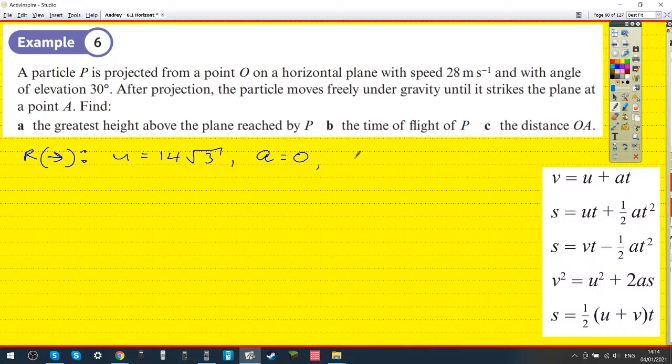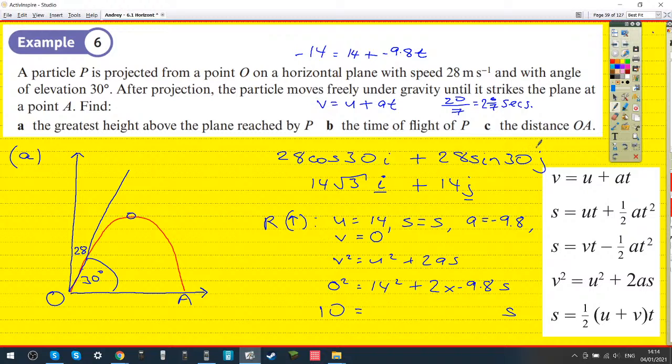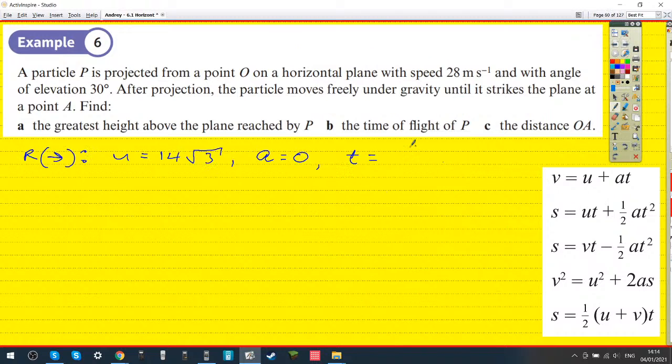T wasn't 10. I forgot what T was, right? Oh, T was 20 over 7. Yep. That's the 3 things we know.